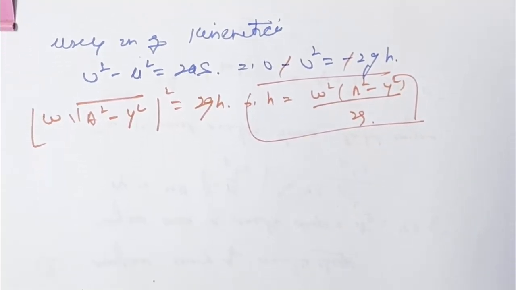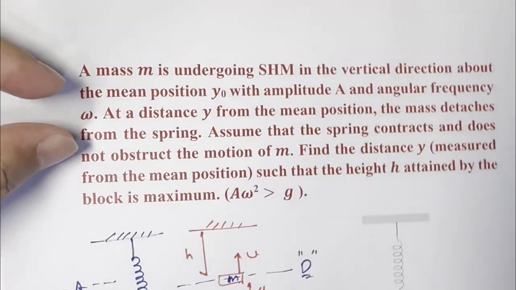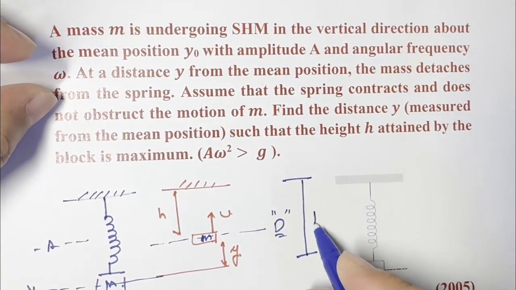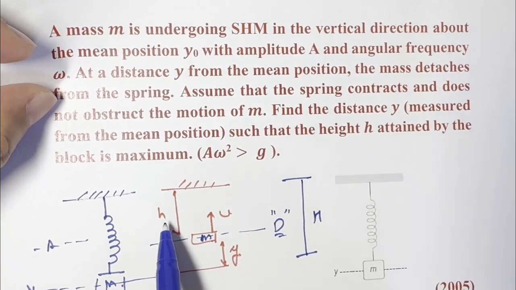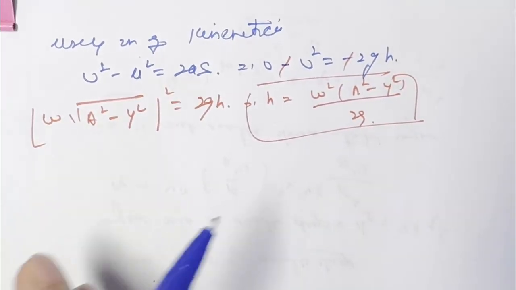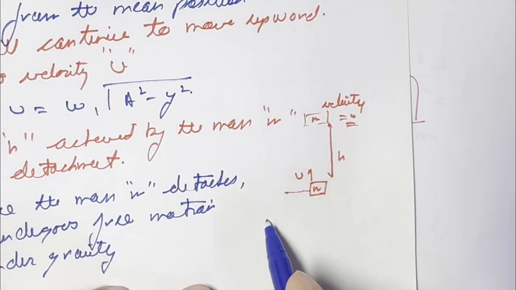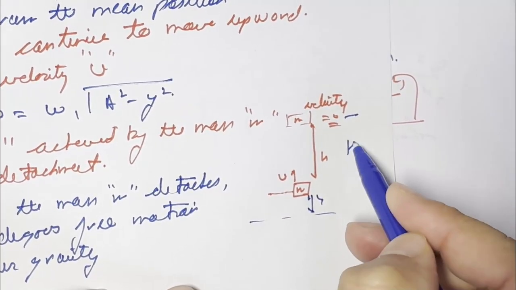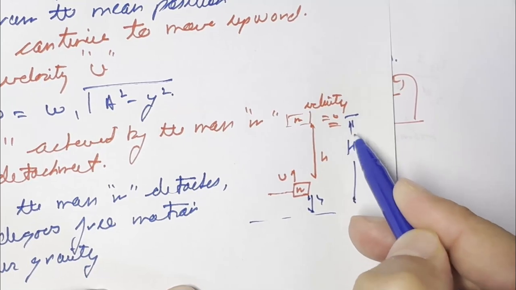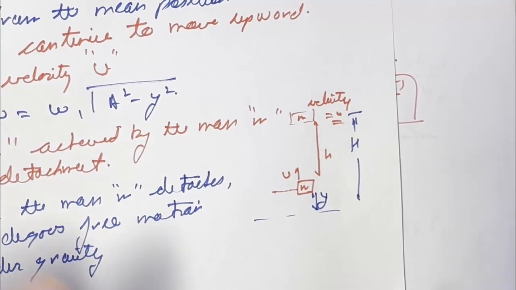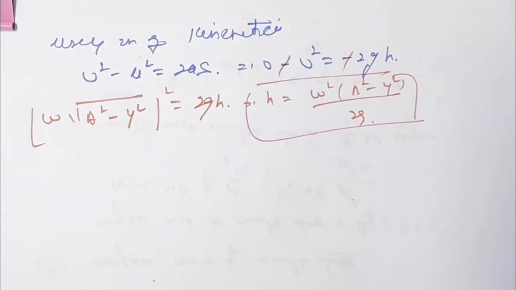So let us suppose the total height from the mean position is capital H. Capital H will be equal to small h plus y. I forgot to mention y here, so this is our y. So total height is capital H, which is h plus small y.